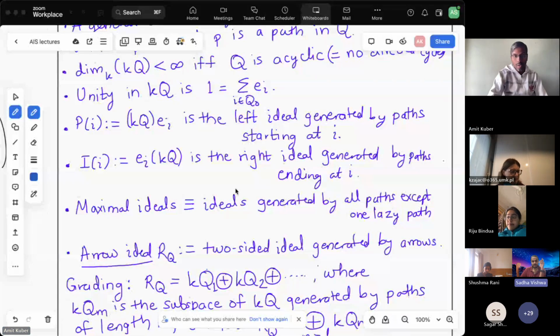I have a small question here. Are you claiming EI are primitive because the left ideals are indecomposable, or do you have some other reason for EI being primitive? Yeah, you can prove that Pi is indecomposable the way that we have defined it.